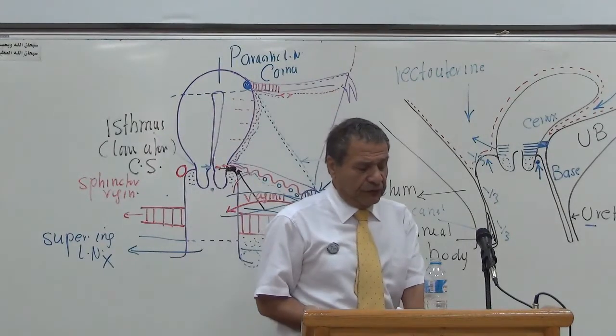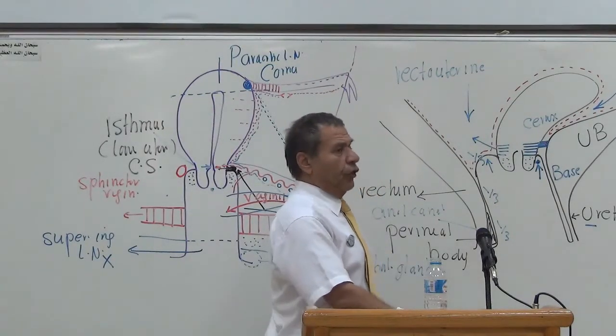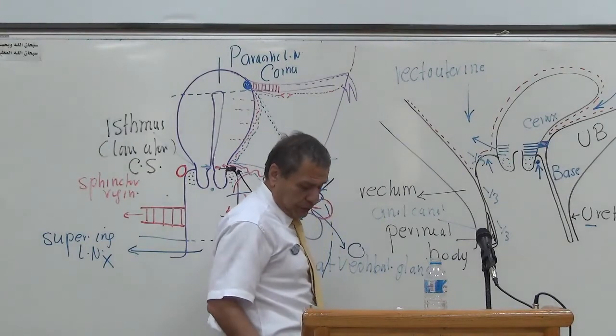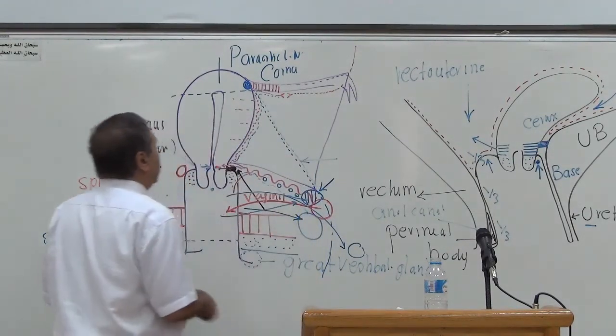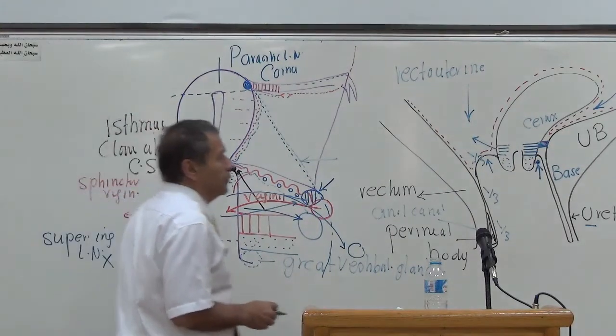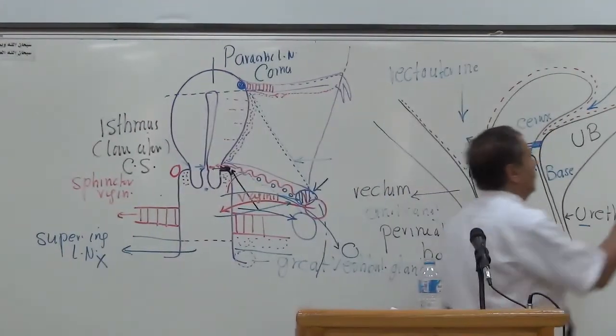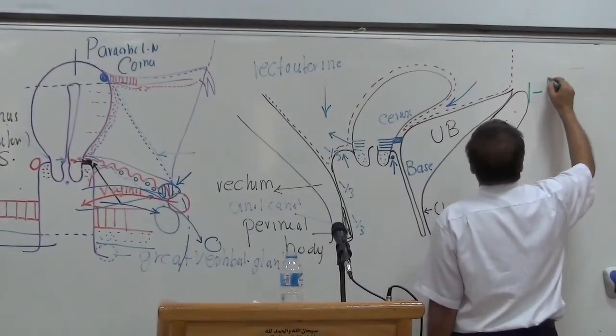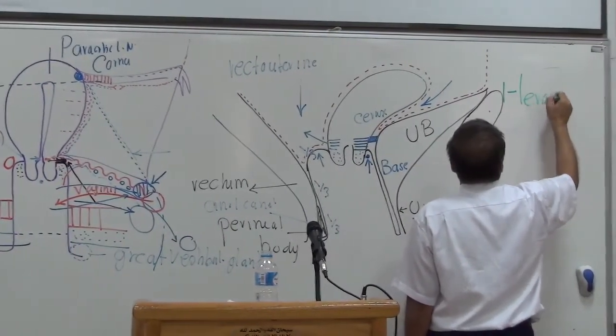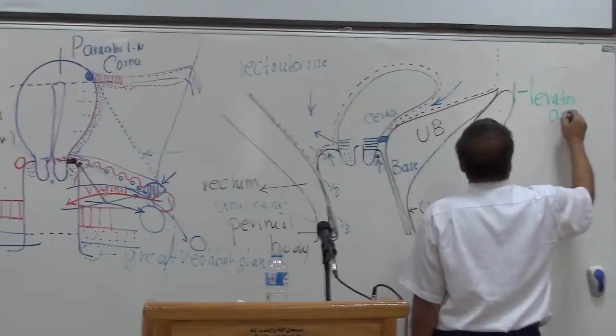Right. What is the main support of the uterus in this position? The main support, number one, is the pelvic floor, or levator ani muscle.